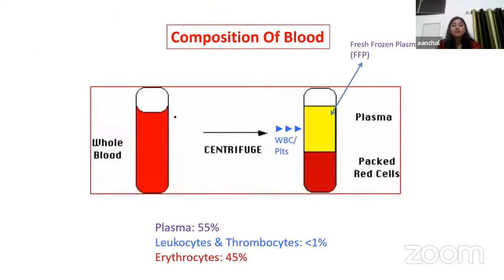Whenever we centrifuge whole blood, we get plasma, packed cells, and also FFP, that is fresh frozen plasma. Plasma is around 55%, leukocytes and thrombocytes are less than 1%, and erythrocytes are the rest.